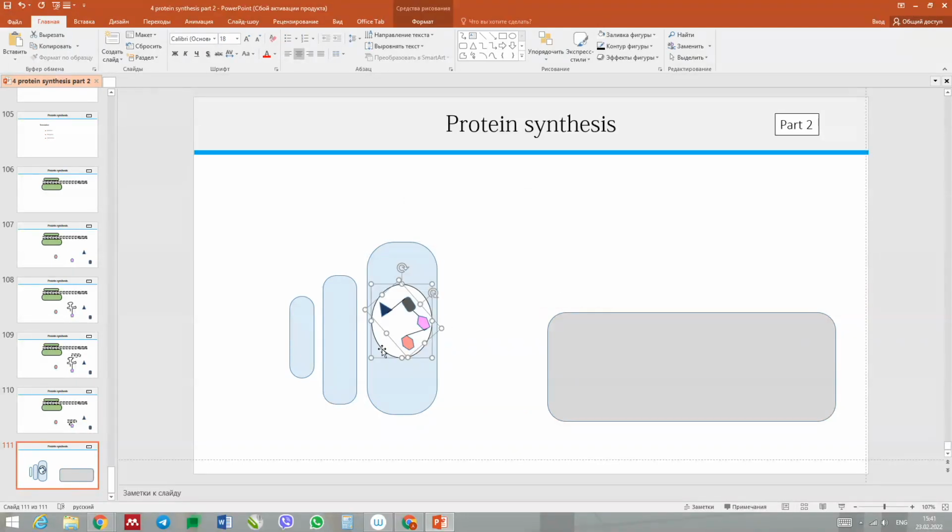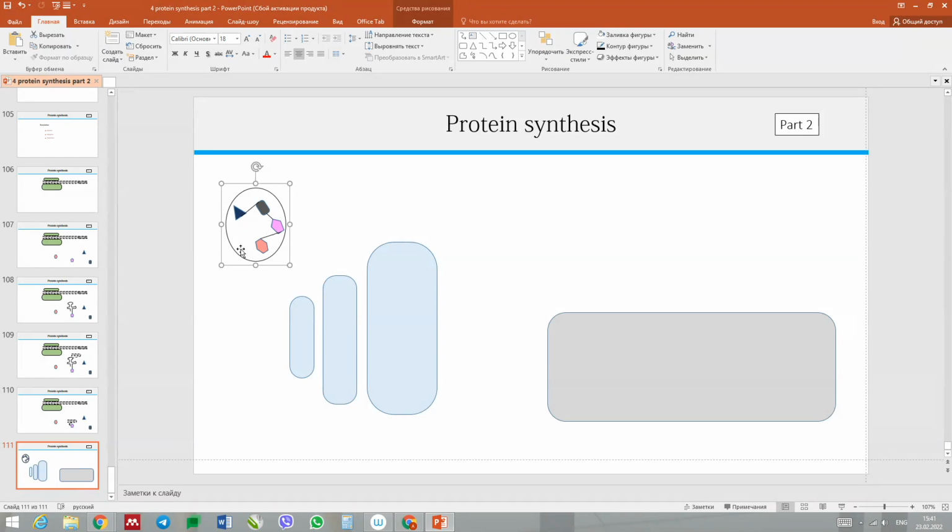You see? Now we have a protein that is packed in a transport vesicle that will be used for further transportation of this protein to a place where it is needed inside of the cell, or maybe it will be used to transport this protein outside of the cell.